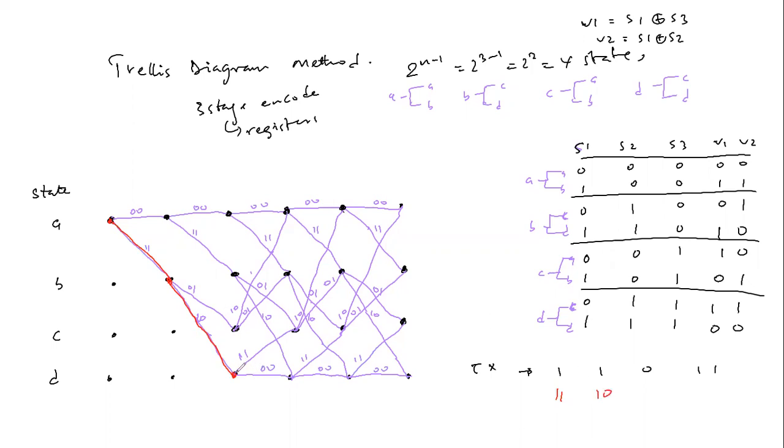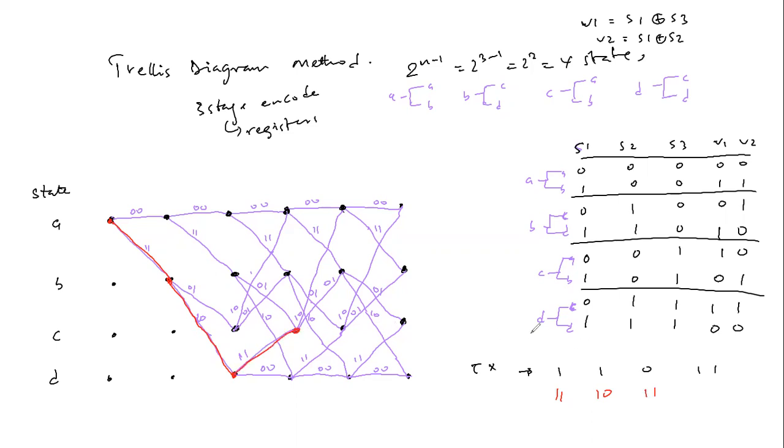And from state D, a 0 is emitted. So the uppermost branch is a 0 and the lowermost branch is a 1. Since it's emitting a 0, from D we are going to C. So that's a 1, 1.